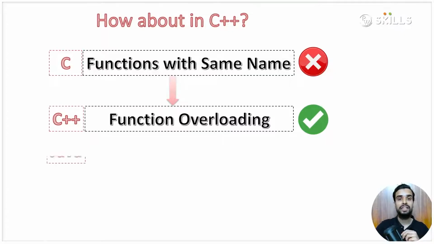Please understand, in Java, I don't know how many of you are able to recollect this fact. When Java was designed and ready to be released into the market, one of the names suggested for this programming language was C+++++.